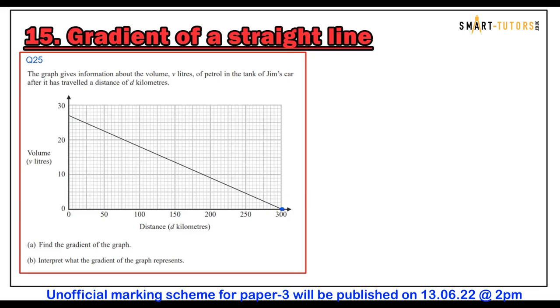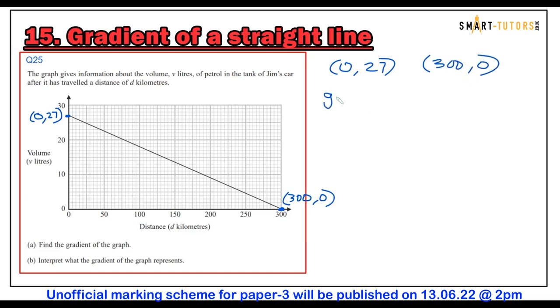So I need to select 2 points. So this is 300, 0, and this one I can say is 0, 27, right? Trying to take the points far apart, a bigger right angle triangle. So we have two coordinates 0, 27 and 300, 0.